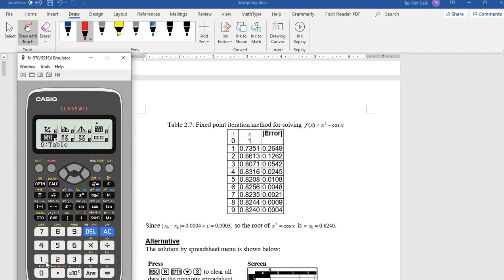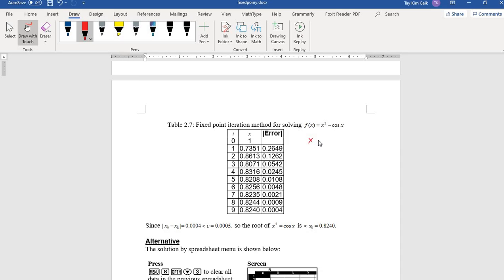Go back to menu 1. First of all, we have the initial point x equal to 1. And we have the formula x_{i+1} equal to the square root of cos x_i.